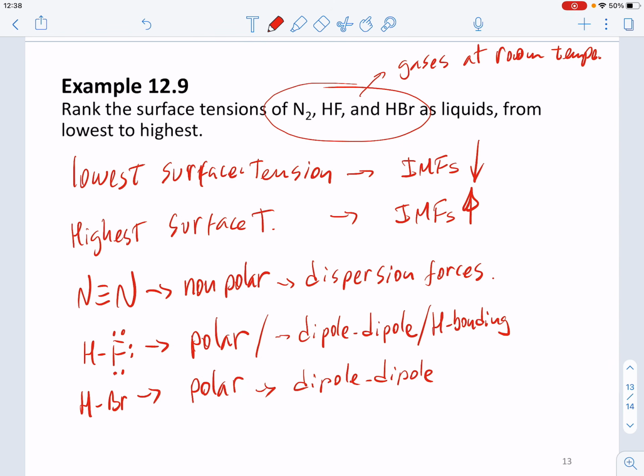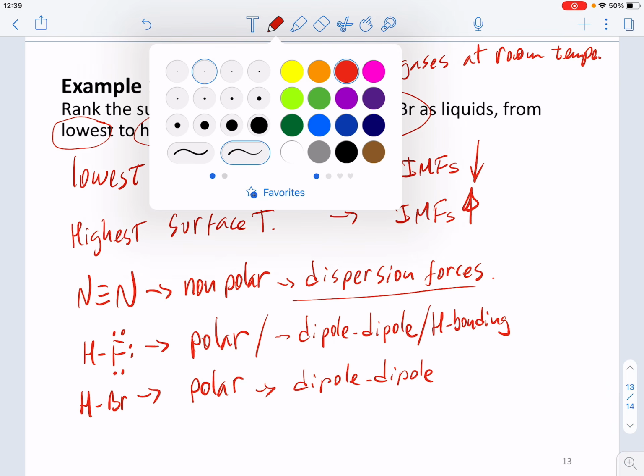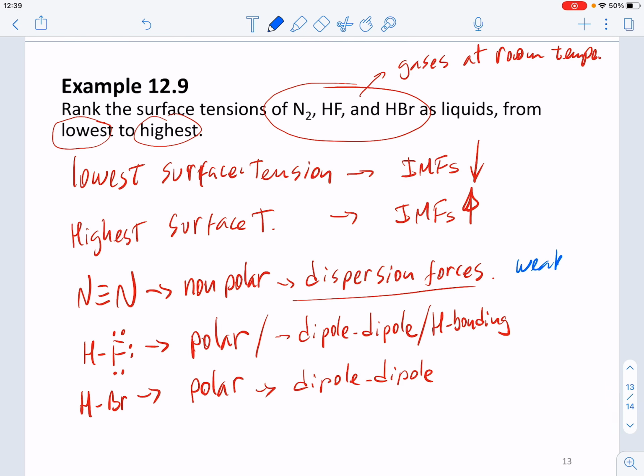Okay, so if we rank the molecules according to their intermolecular forces, if we are going from lowest surface tension to highest surface tension, then we are going from weakest intermolecular forces to strongest intermolecular forces. So in this case, dispersion forces, let's change color here, is the weakest.